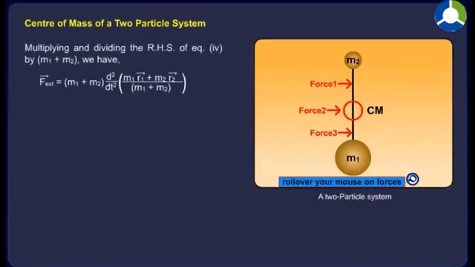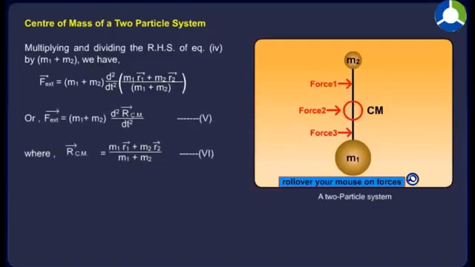Multiplying and dividing the right hand side of equation 4 by m1 plus m2, we have F external is equal to (m1 plus m2) d squared upon dt squared of (m1 r1 plus m2 r2) upon (m1 plus m2), or F external is equal to (m1 plus m2) d squared r_cm upon dt squared, equation 5, where r_cm is equal to (m1 r1 plus m2 r2) upon (m1 plus m2), equation 6.